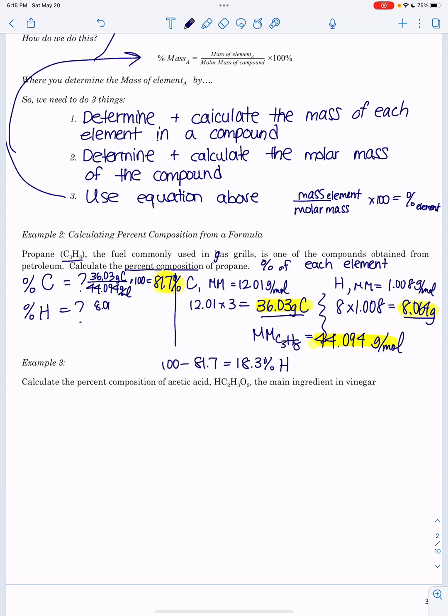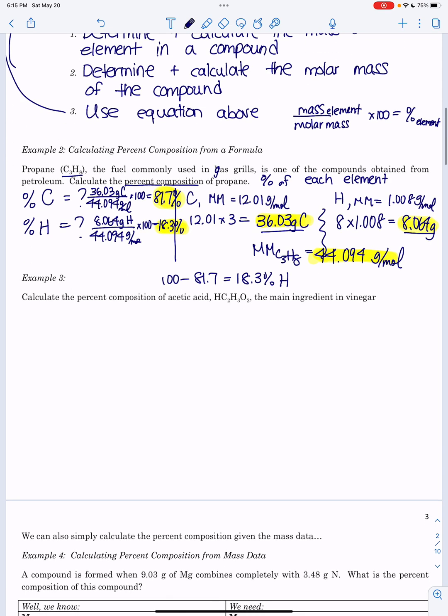I get 8.064 grams of hydrogen that we got, divided by the molar mass of 44.094 grams per mole, times 100. Let's see if I get 18.3. Boom, I get 18.3% exactly.